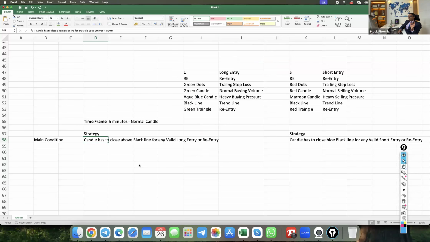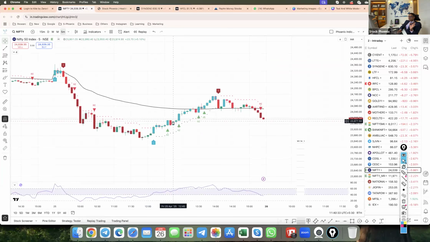When things are so clear, why are you going to make confusion out of it? When it is written over here, candle has to close above the black line, somebody is asking, sir, can it touch? Can I have an upper wick? Can I have a lower wick? Can it touch and come back? Close below, close above? What are these questions?